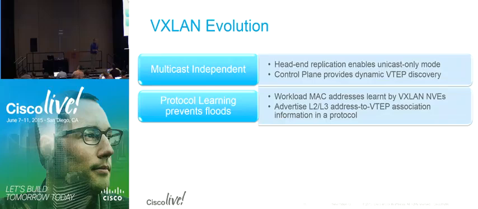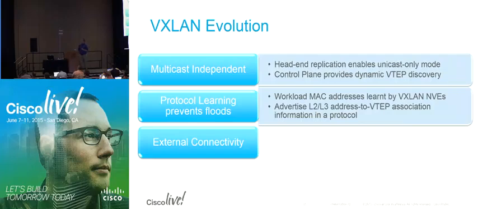So we're having a control plane which knows about IPs, MACs, and distribute that across all the members in a given network. And as we are not only having MAC and IP, we also know the VTAP where it is behind. We can proactively forward towards that VTAP to reach the destination which you want to have. That's what we're doing in protocol learning, and I show a couple of examples during this here.